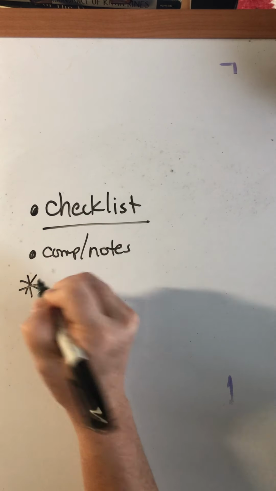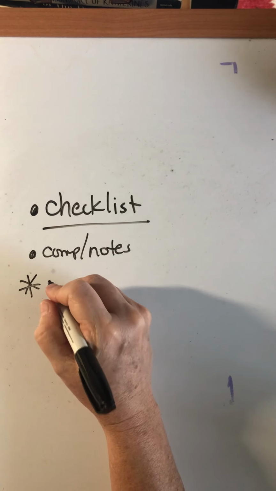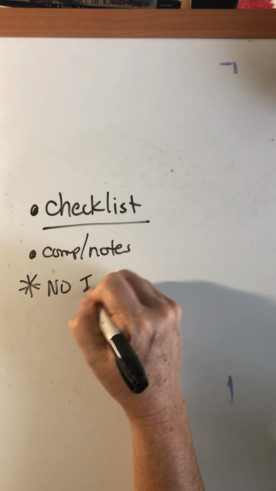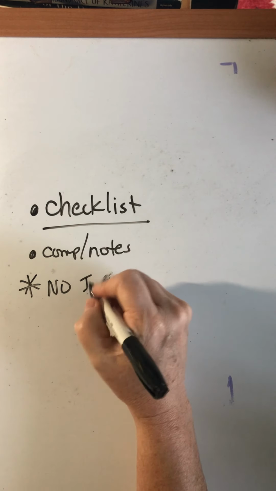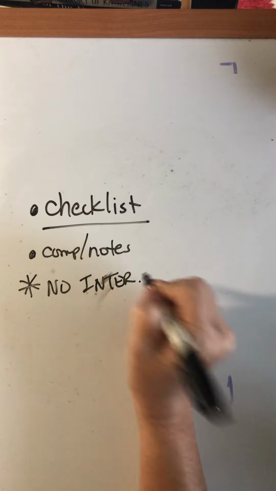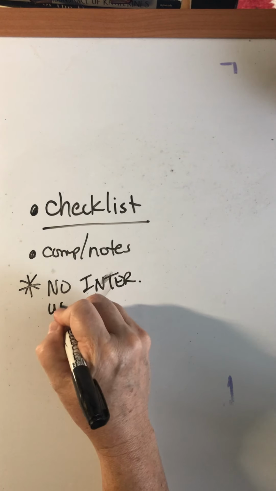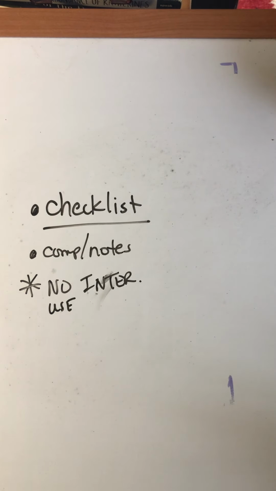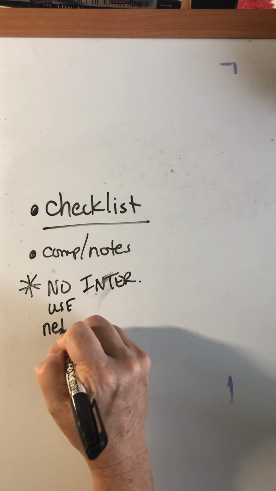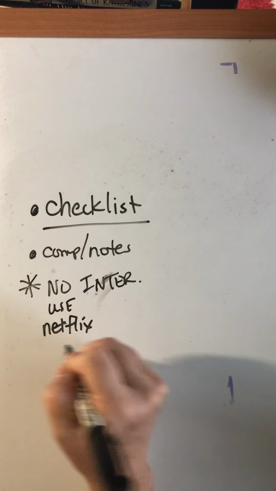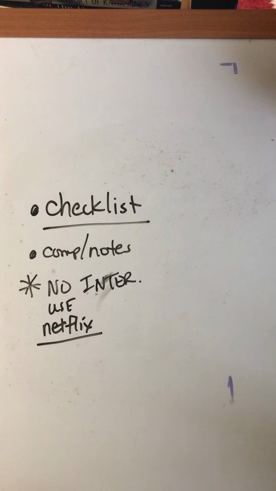Another student said, have everyone in the house not using the internet. Okay? No internet use by anybody else so that you have all the bandwidth. That includes Netflix, cell phones, all that kind of stuff. You want to have everybody in the house off of that so you are the only one using the Wi-Fi.